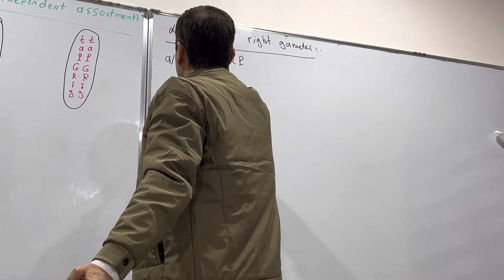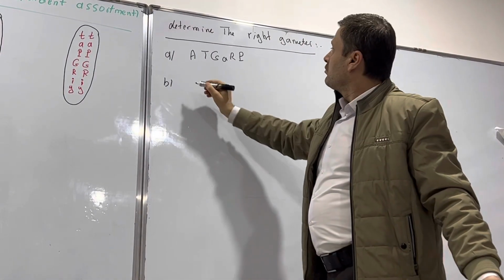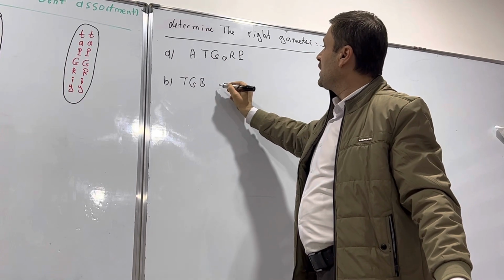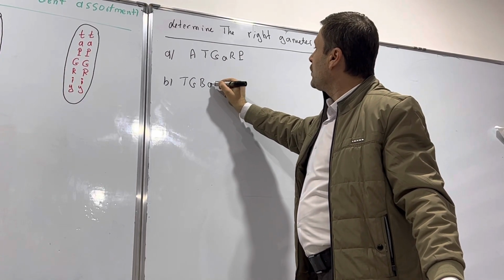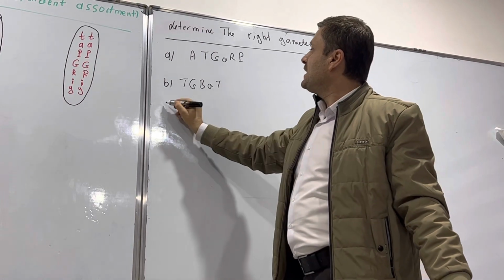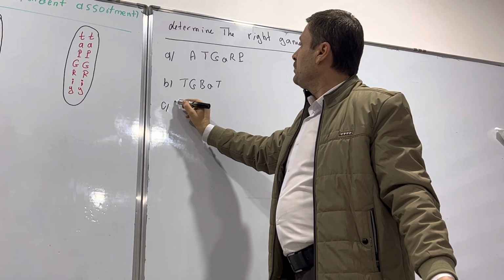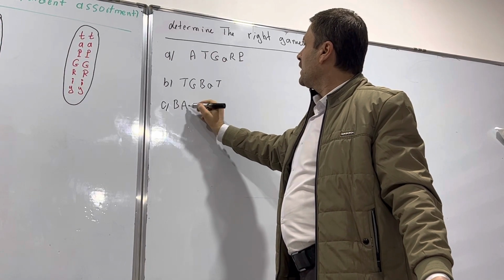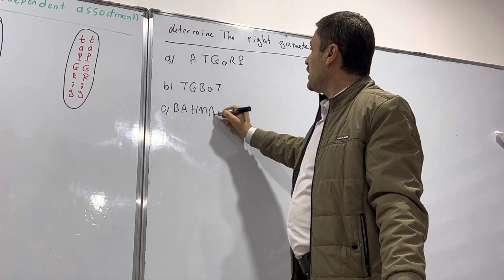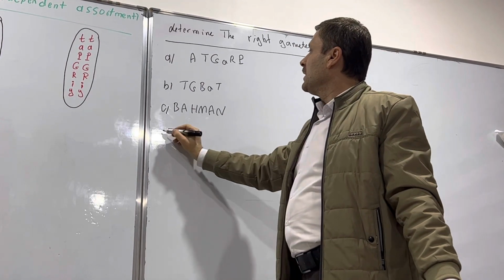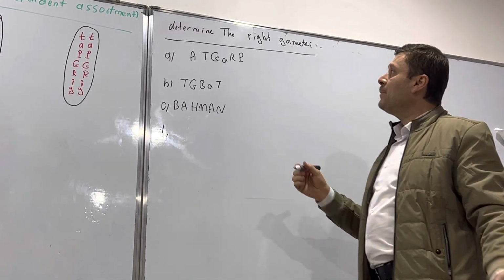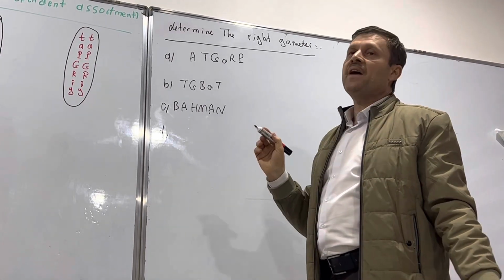Two, B: T capital, G capital, B capital, A small, T capital. C: B capital, A capital, H capital. M capital, A capital, M capital. D. A wrong gamete must not contain repeated factors.